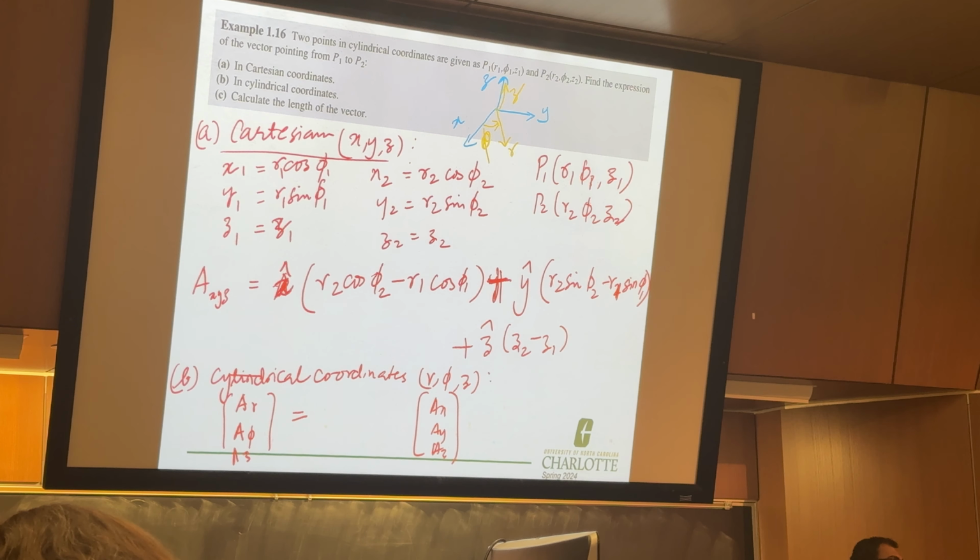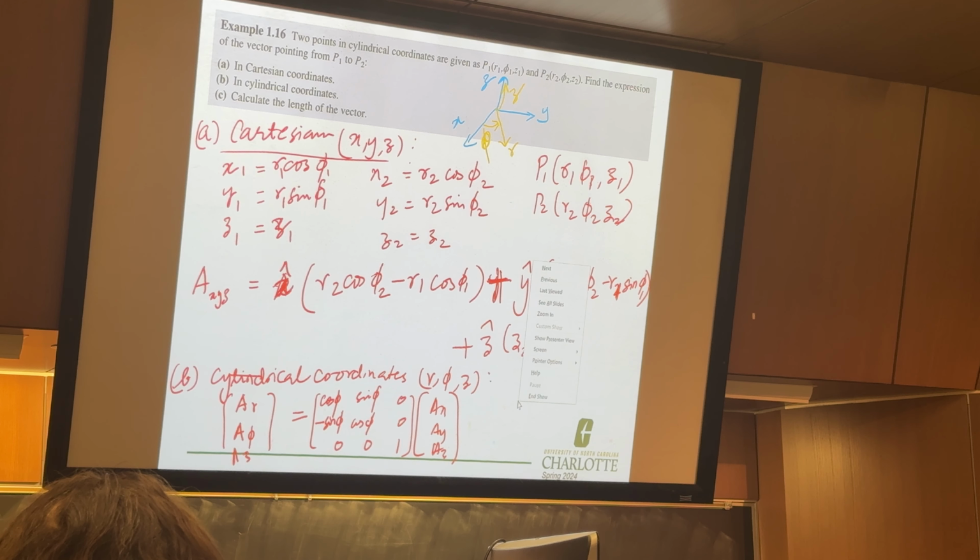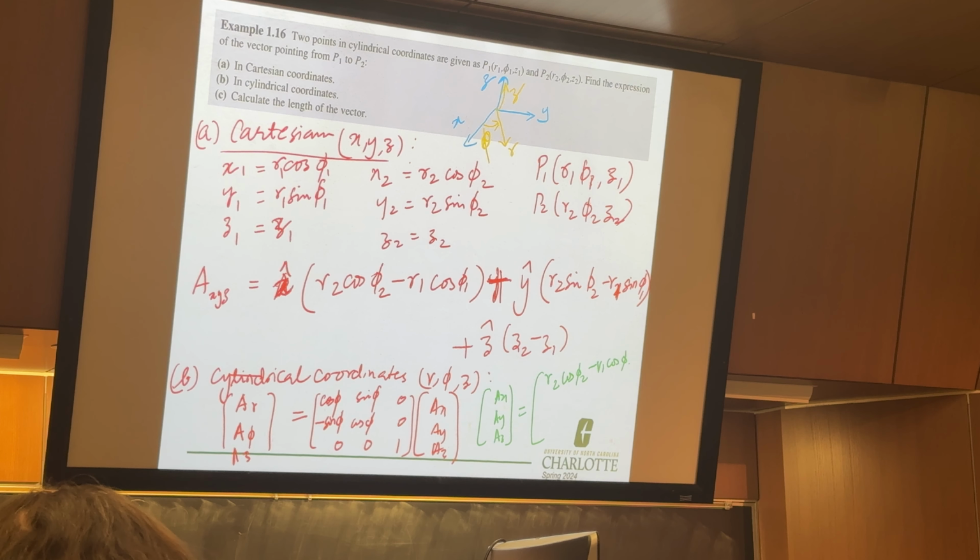Okay? Now this is what we have. And of course, the A_x, A_y, A_z vector looks like: R2 cosine phi2 minus R1 cosine phi1, R2 sine phi2 minus R1 sine phi1, and then Z2 minus Z1.